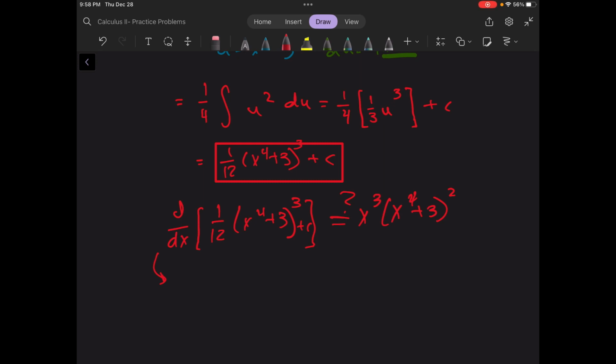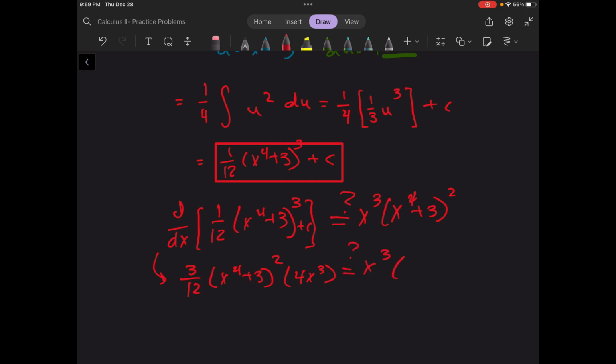When you do the chain rule, you do the outside function first, so it's going to become a 3/12 and subtract 1 from the exponent, and then multiply by the derivative of the inside, which is 4x cubed. Now, and of course the derivative of the constant is 0.